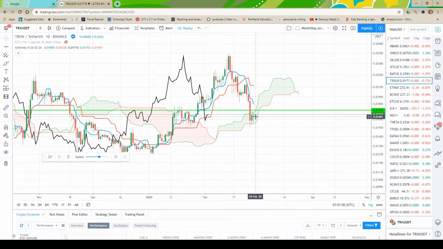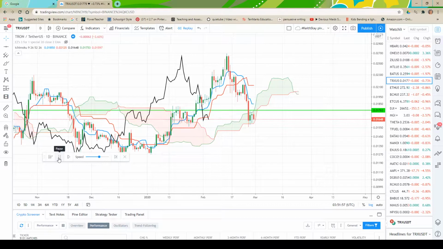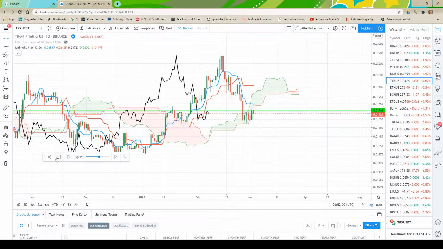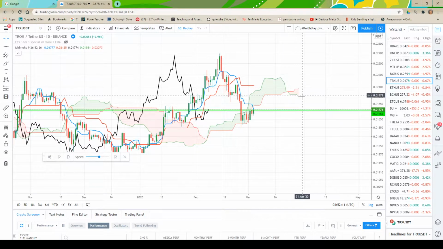Look here. We waited. And now it's stuck in the cloud. Waiting. Waiting. Popped out of the cloud but went up. We're still waiting. Our lag line is still not down below. We can't short this yet. Oh, our cloud's turning red on the end.